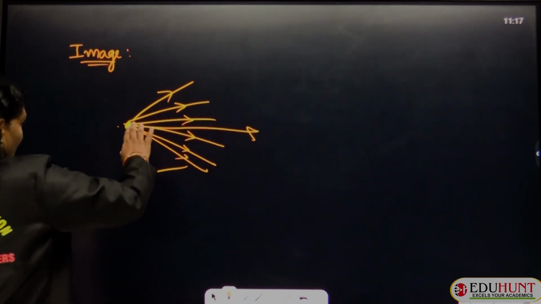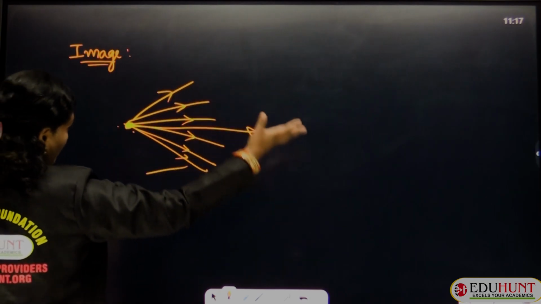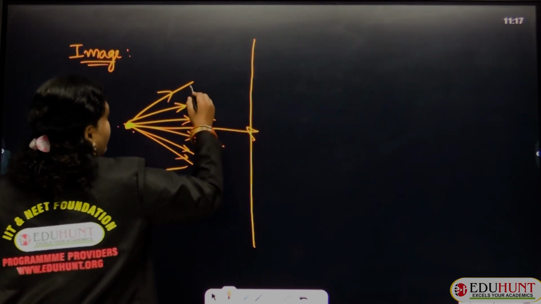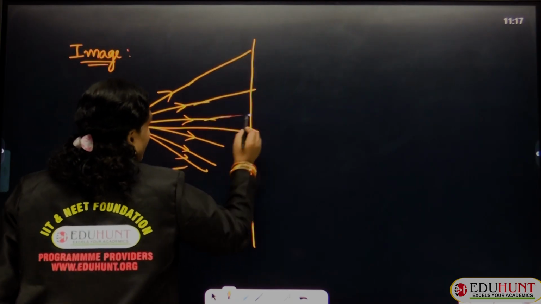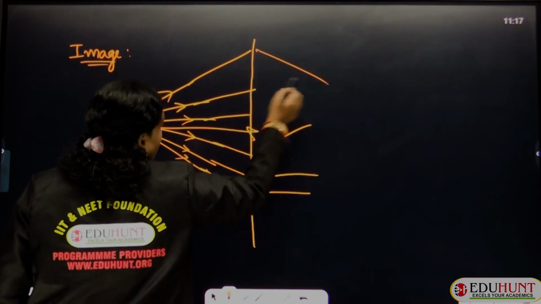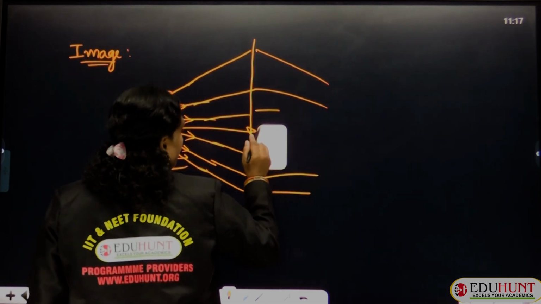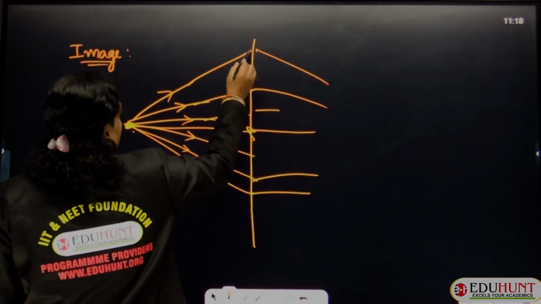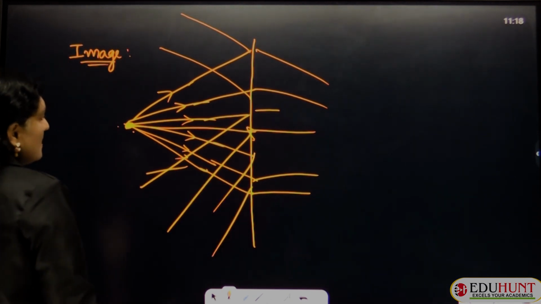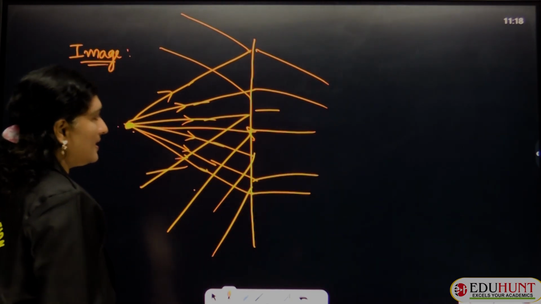So if the rays of light diverging from a point after reflection, or maybe after refraction, maybe they may go inside, or they may come back, something like this. These are the reflected light rays, these are the refracted light rays, and anything can happen.